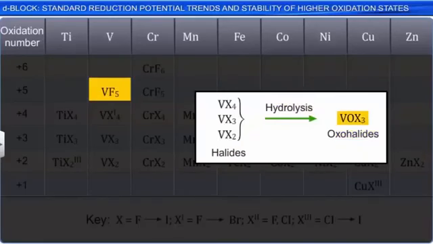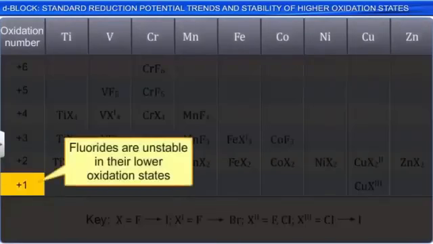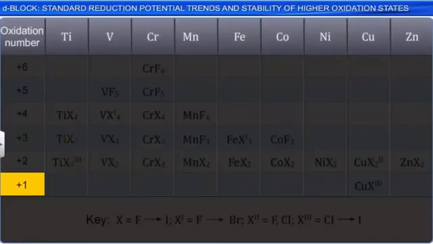Fluorides are unstable in their lower oxidation states, and, therefore, chlorides, bromides, and iodides exist in +2 oxidation state, while fluorides do not.